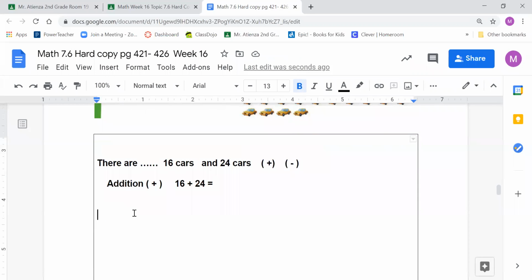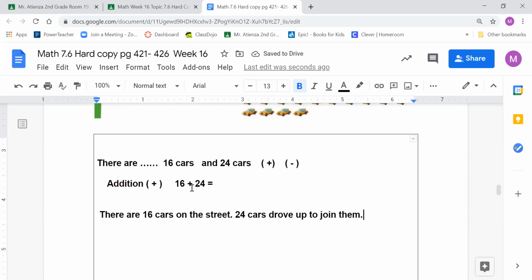Now from here, I'm going to create a story problem. I can use my imagination and think about what cars normally do. Let's see. There are 16 cars on the street. 24 cars drove up to join them.